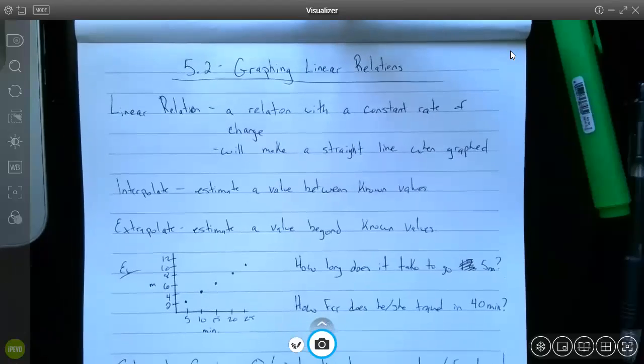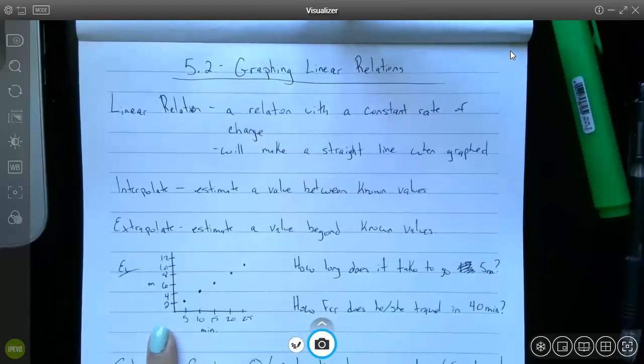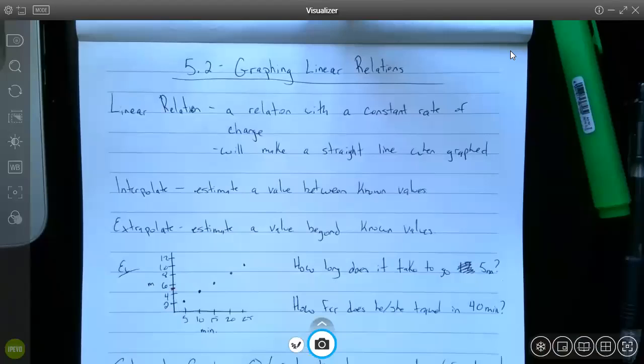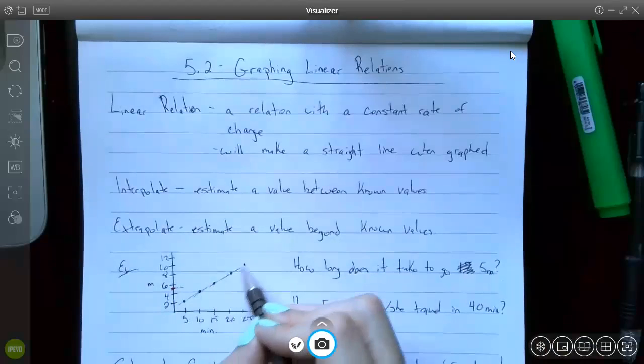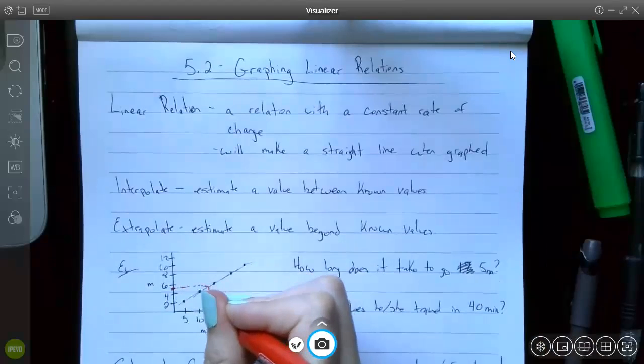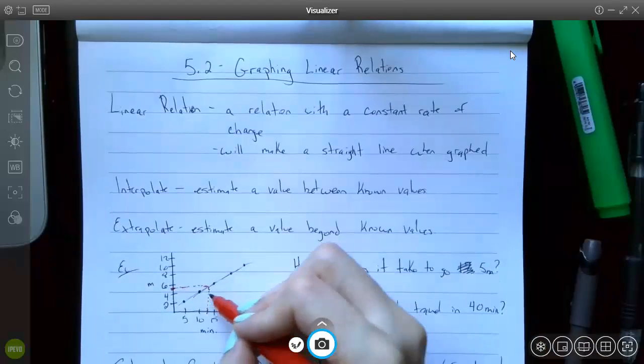So for example, if you look at this graph here that has minutes versus meters or distance, it says how long does it take to go 5 meters? If we were to try and figure that out, we would estimate where 5 meters is on the y-axis, go over until we hit roughly where this line would be, and then down to the x-axis.